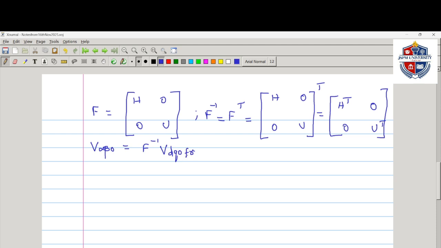In previous cases SR, SF I have written. So in their case the rotor is fictitious. Here I have written the stator is fictitious. That's why FR. Similarly, I alpha beta naught equal to F inverse into I dq naught FR. So this is what we are going to substitute in the first equation.